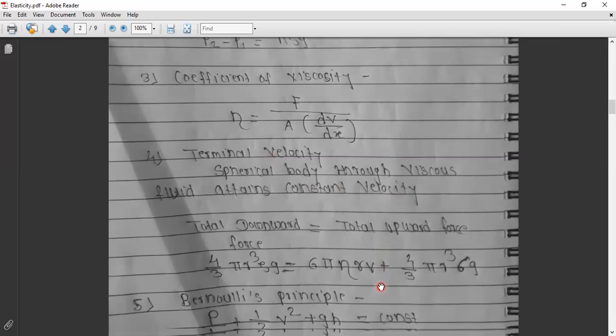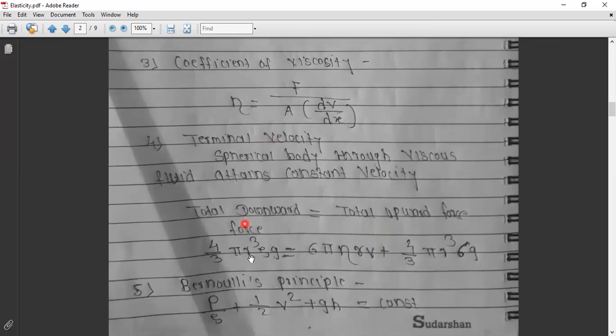To understand the concept of terminal velocity, we just compare the total upward force and total downward force. This equation is important to solve, to calculate the density of the liquid as well as to calculate the coefficient of viscosity. This concept is nothing but the viscous force.